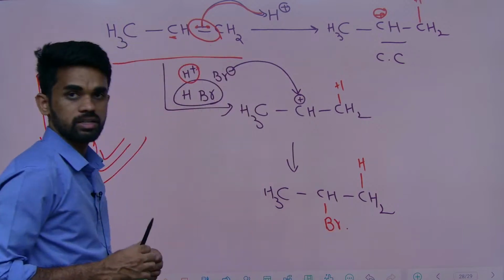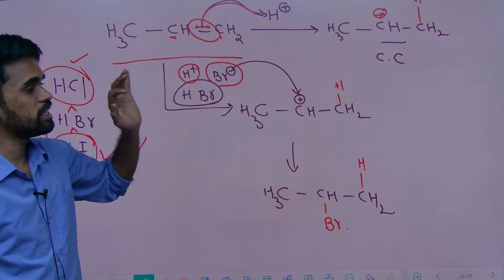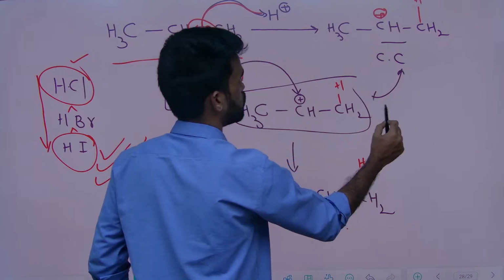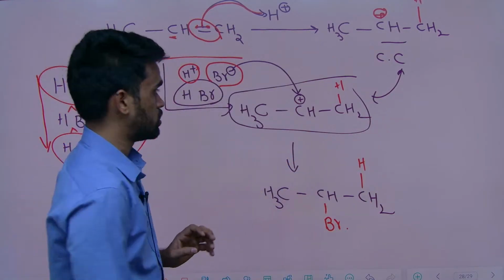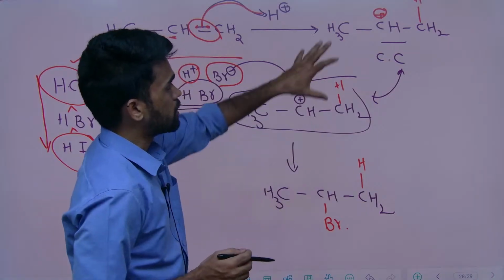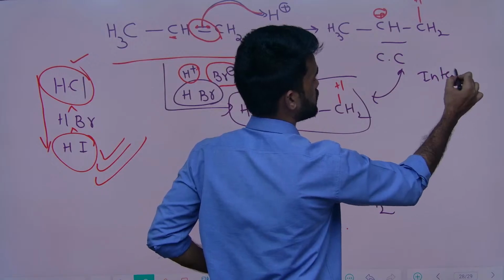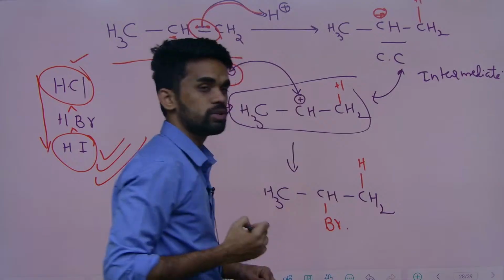Wherever the positive charge is there, we add this. The carbocation sites that you have seen here and here are the same; separately I mentioned it here, and in combined form here. So the carbocation formed is called an intermediate during the reaction.